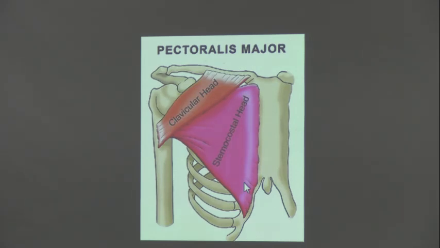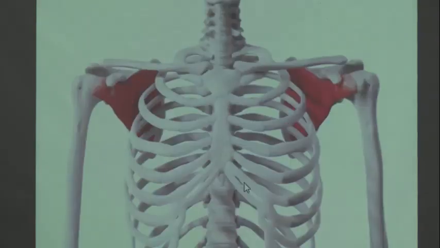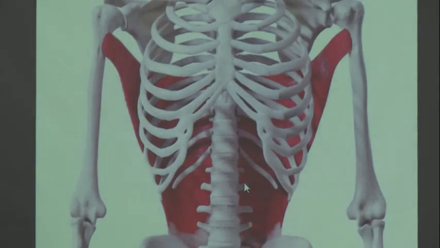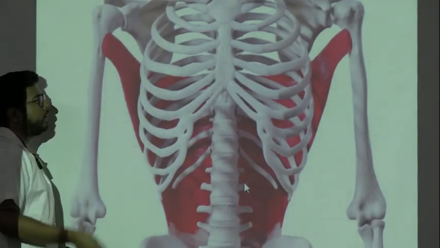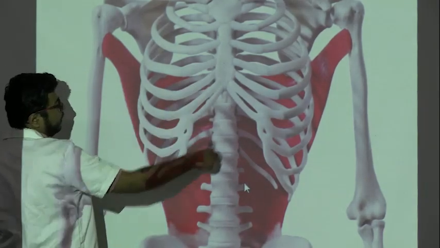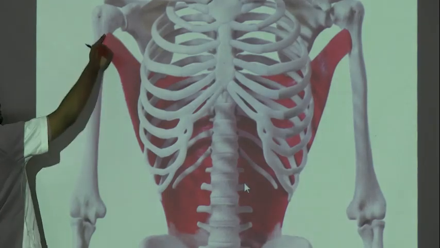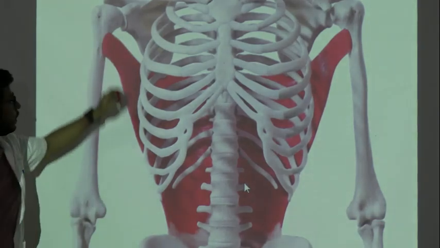Okay? In between them there is latissimus dorsi. This is the latissimus dorsi. When we dissect the back of the cadaver, you will be shown. This is the latissimus dorsi originating from the back. These are the thoracic vertebrae. Okay, it is coming and attaching in the sulcus or the groove, right?